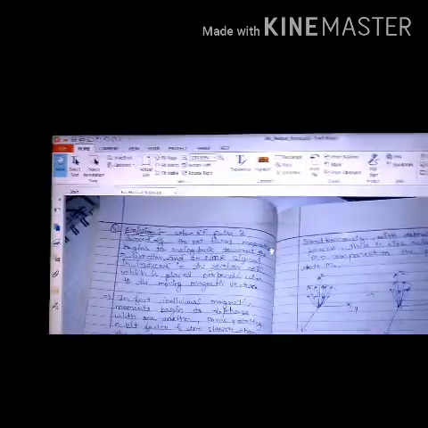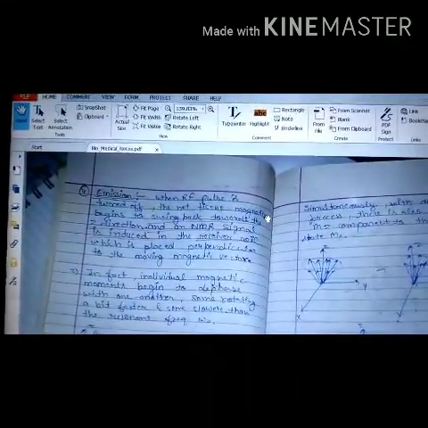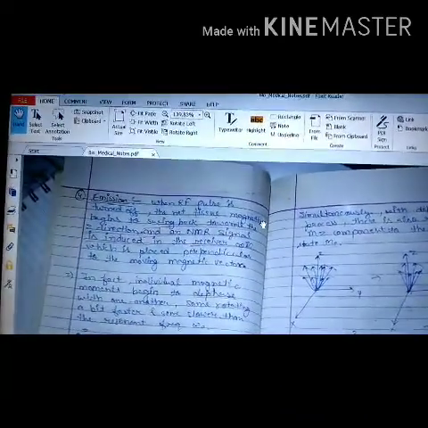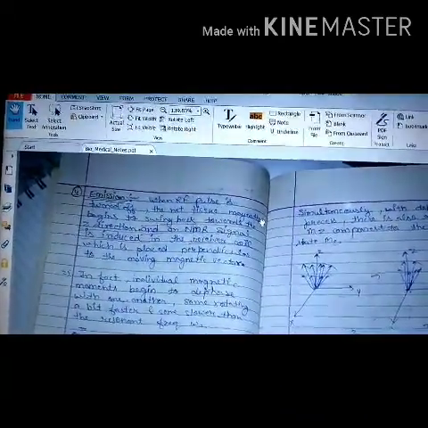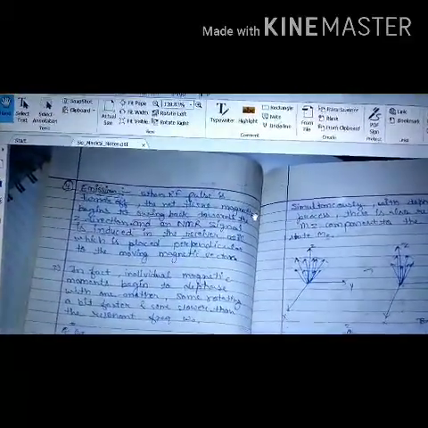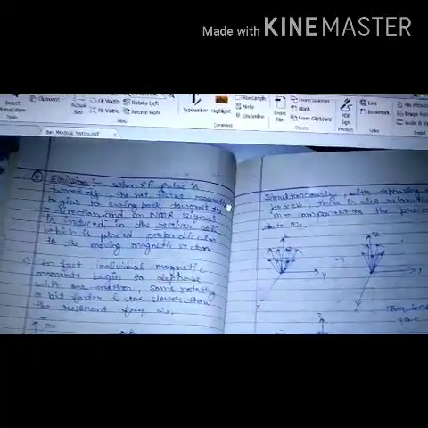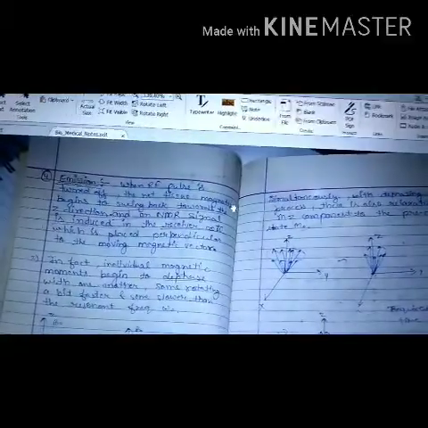Okay, then finally, emission. When an RF pulse is turned off, the net tissue magnetization begins to swing back towards the z direction, and an NMR signal is induced in the receiver coil, which is placed perpendicular to the moving magnetic vector.